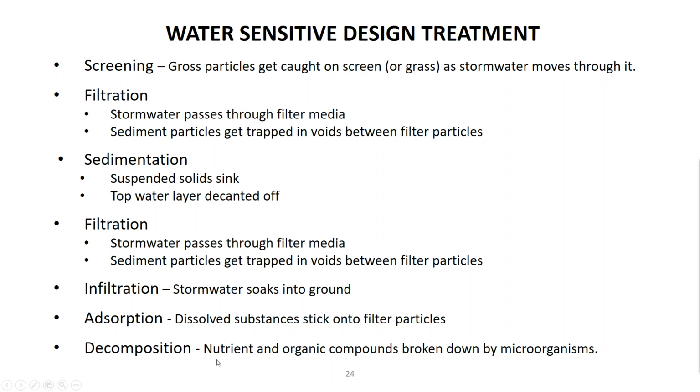And decomposition, when you're moving it through a natural system, there are natural microorganism communities that will prey on organic materials or break them down or decompose them. But also, if there are any pathogens, microorganisms that can cause harm to humans, they're also predated upon. They're hunted, killed.